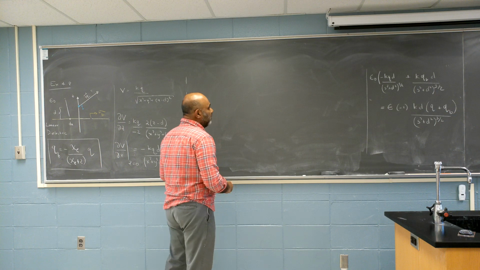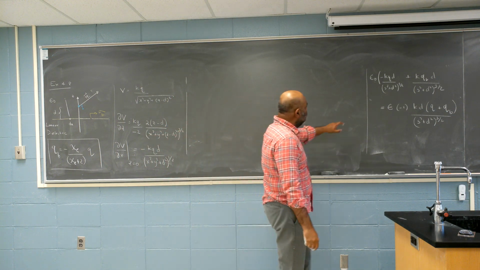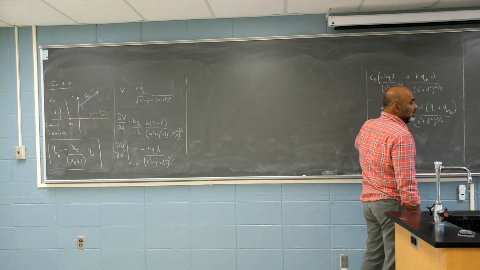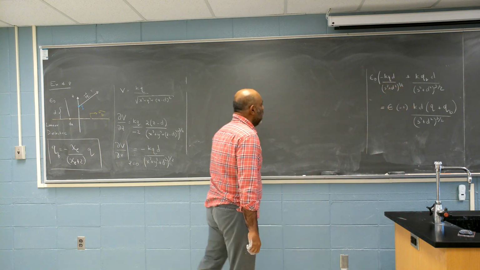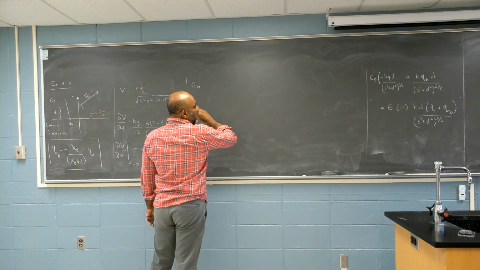So I have K, D, I'm going to cancel this from every single term. I have epsilon naught. And what do I have?